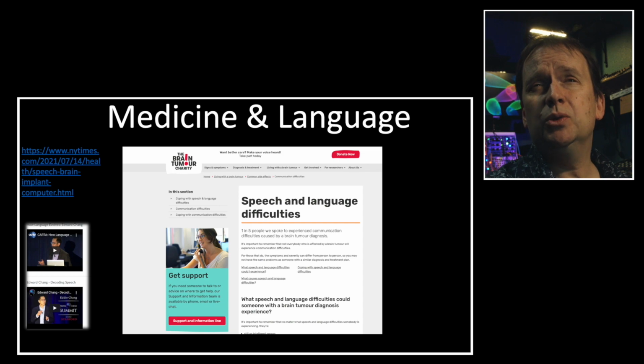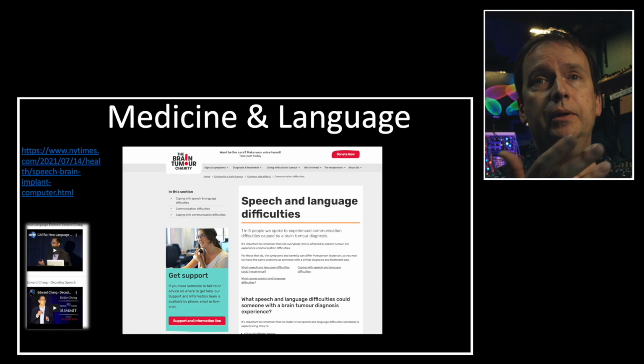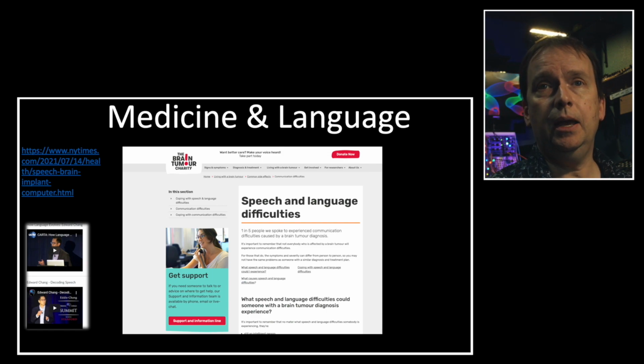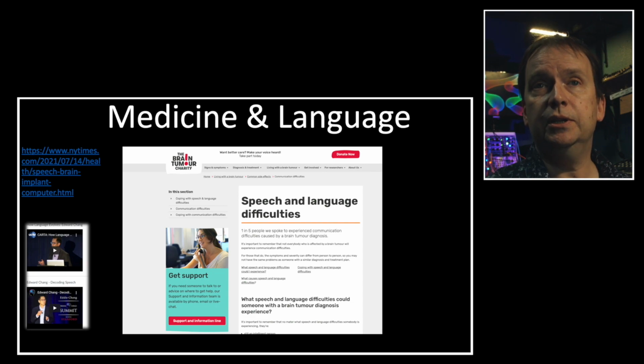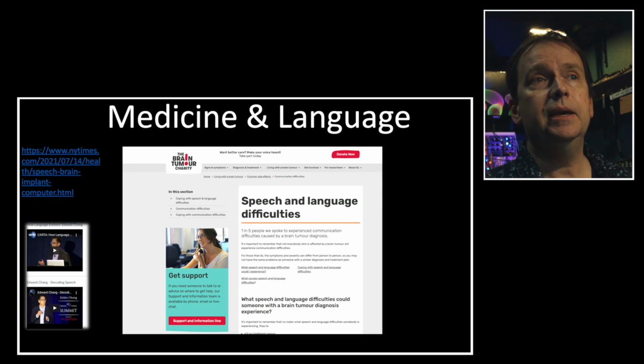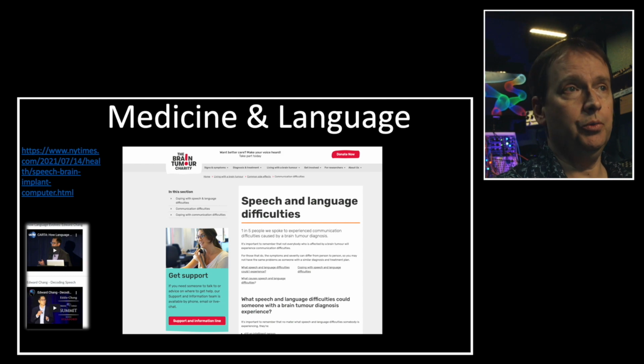And it was really interesting for me to witness some of this, because I thought this is a great opportunity to learn not just more about how to deal with and treat GBM, glioblastoma multiforme, that particular type of brain cancer, but also to look at some of the linguistic challenges that happen to patients after they have parts of their brains removed, doing what's called a resection.